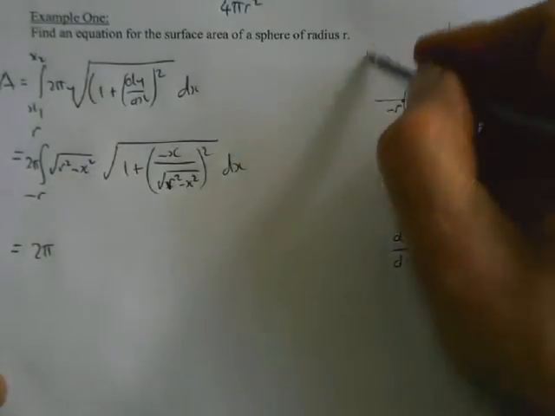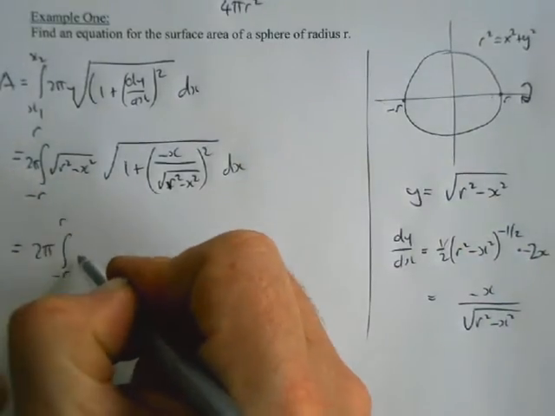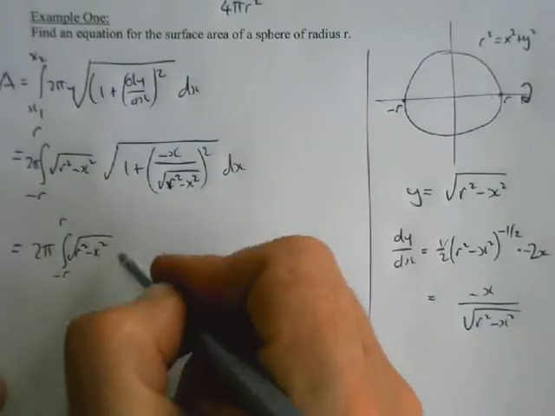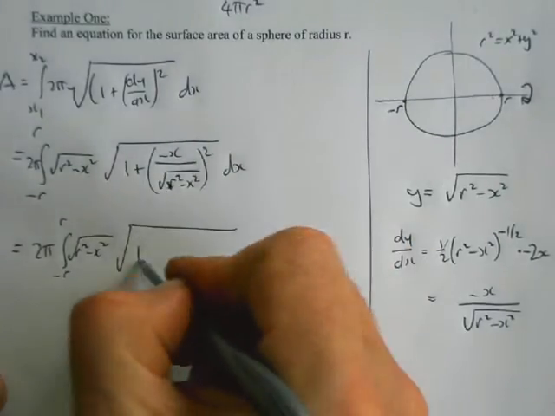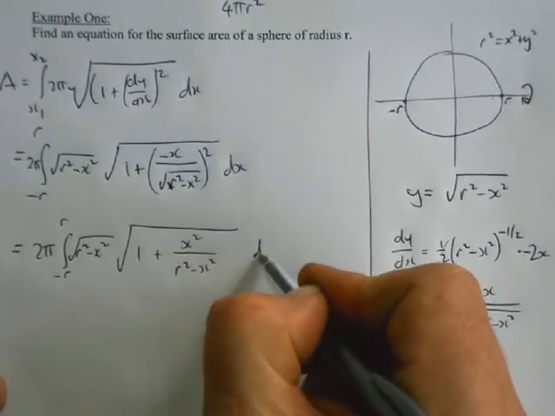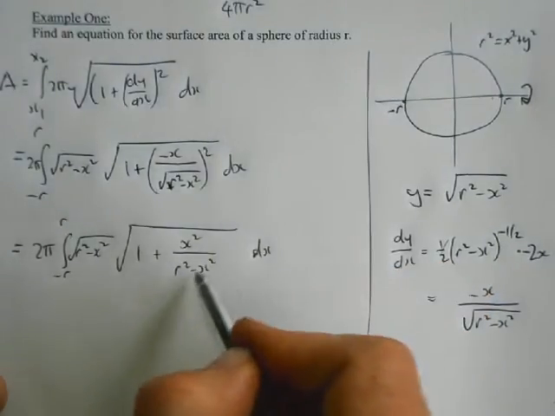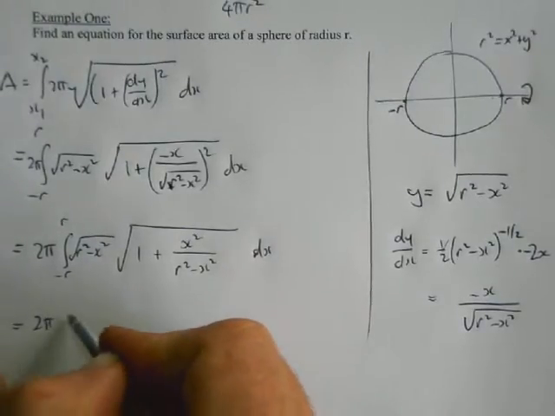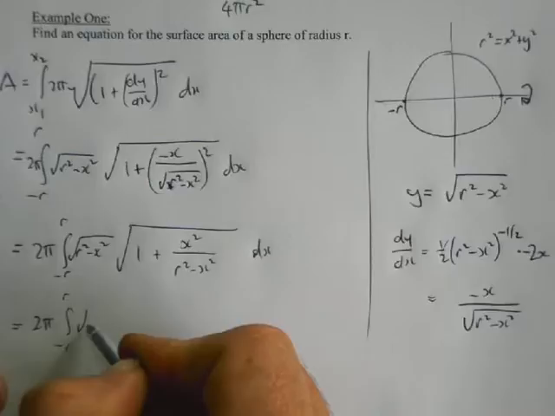So what have we got? We've got the 2 pi out the front. We've got the integral from negative r to r. Not much I can do with that first bit at the moment. I think the bit that's going to be helpful is what's going on in here. So if I square that whole thing, I get x squared over r squared minus x squared. Let's make this a single fraction.